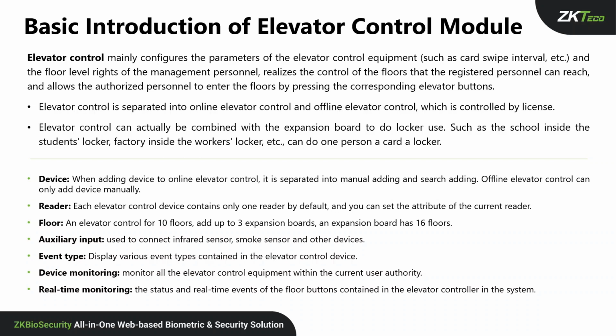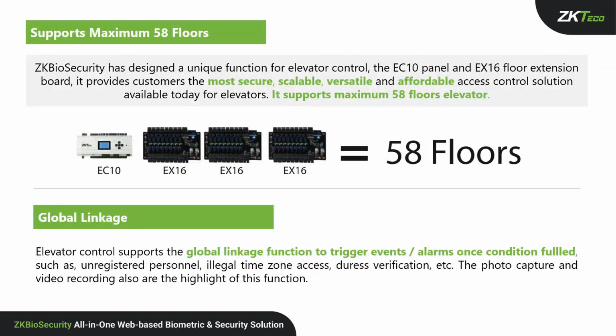The maximum floors that you can connect to offline elevator is 31 floors, and at least 2 elevators. Not like with the online elevator control, the maximum of this is 58 floors. So you can connect one EC10, which is standard for 10 doors, and then 3 extension boards. It is total 58 floors.